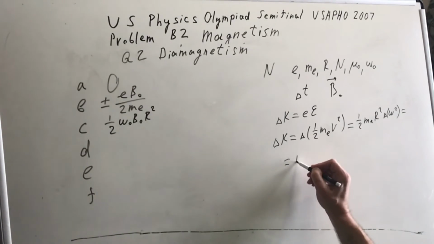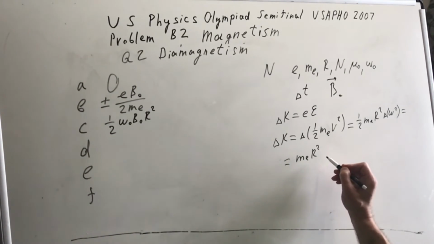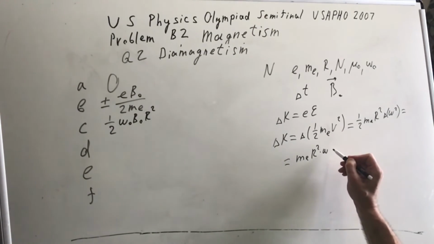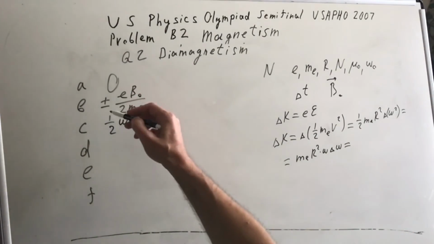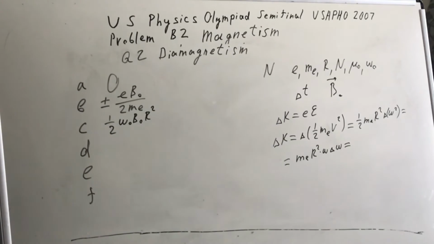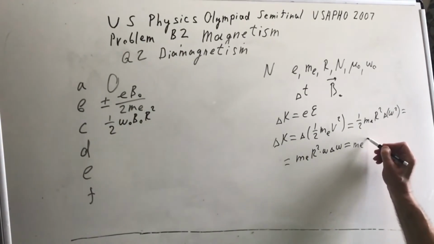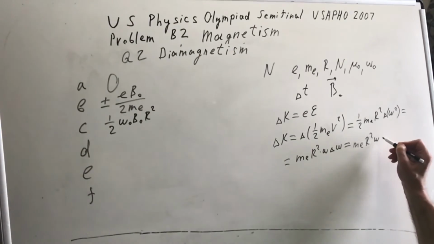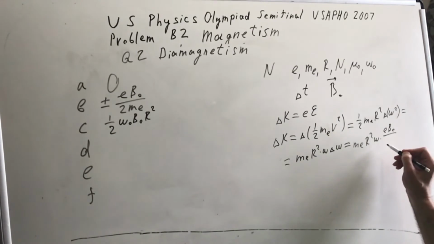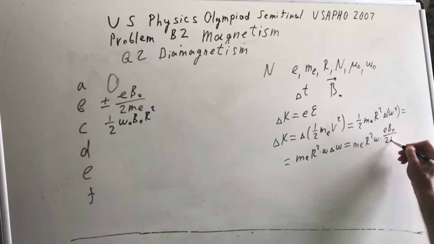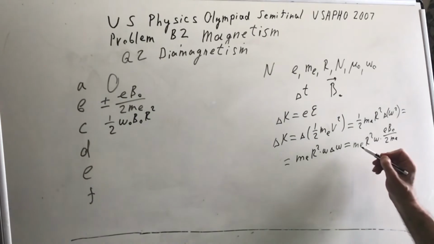So we have m_e r squared omega d omega, and we know what d omega is, plus or minus e B0 over 2 mass of electron.